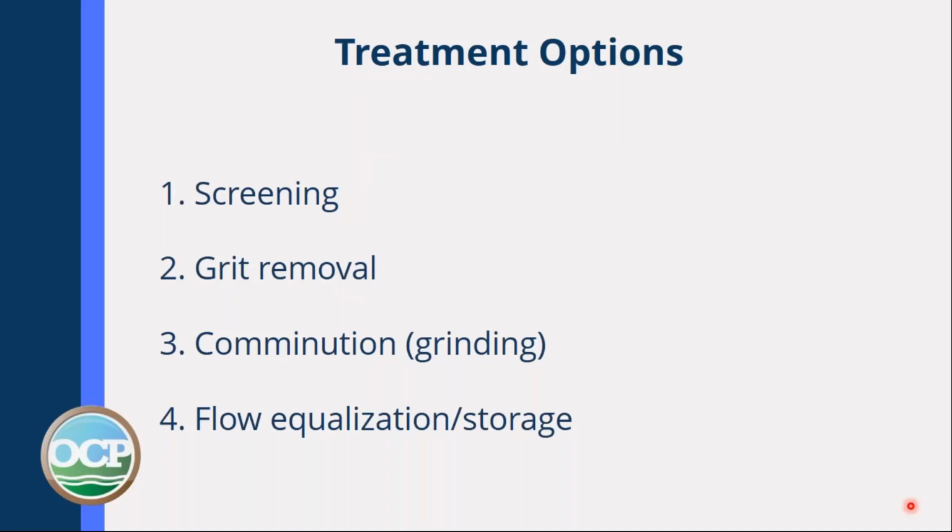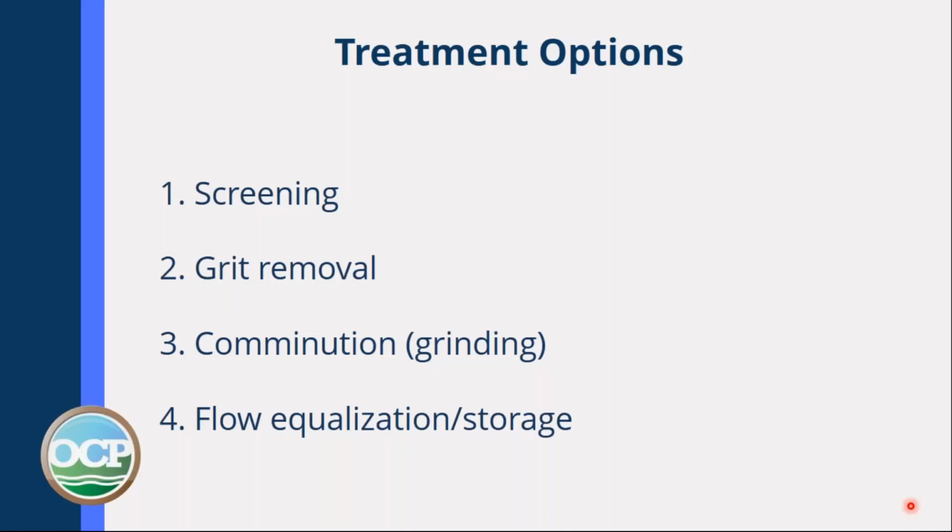There are various treatment options we can use. These are listed on the slide. We can screen objects out through a screening process using a physical sieve, if you like. Grit removal, for anything like sand or silt, coffee grounds, nutshells that are heavier than water, that can settle out very quickly.